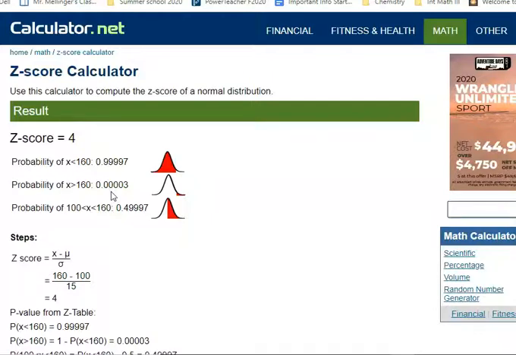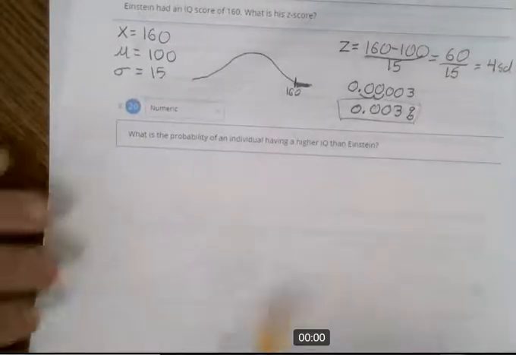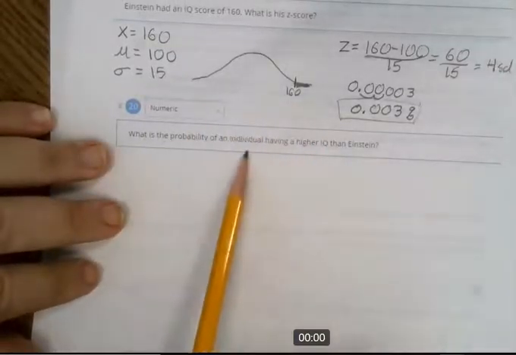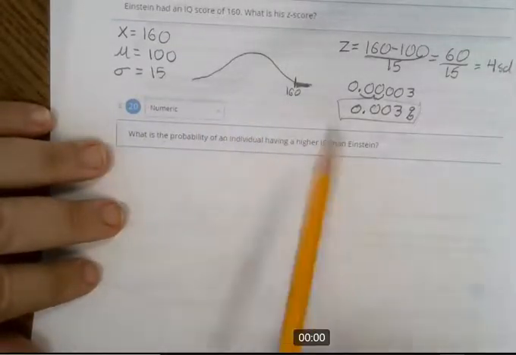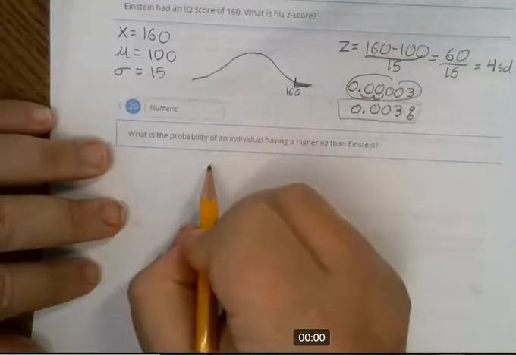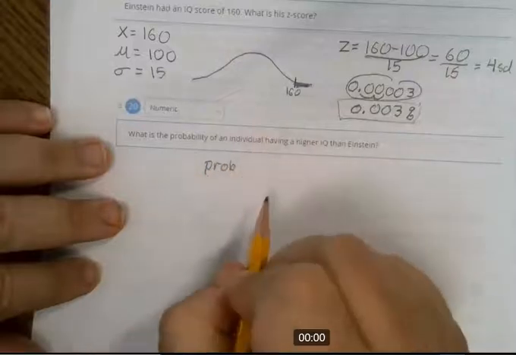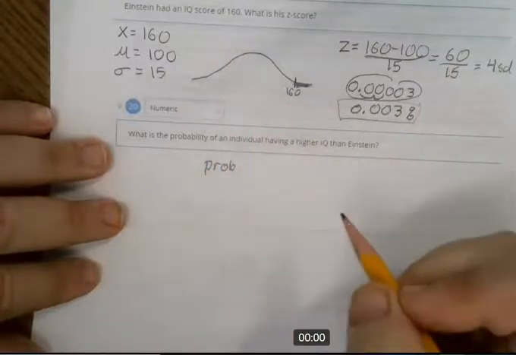And the next question, let's go back to our camera. Okay, well, I didn't read ahead on this one. What is the probability of an individual having a higher IQ than Einstein? It's this number, okay? So that would be probability. So you have 3 things. You have z-score, you have probability, and then you have percent.